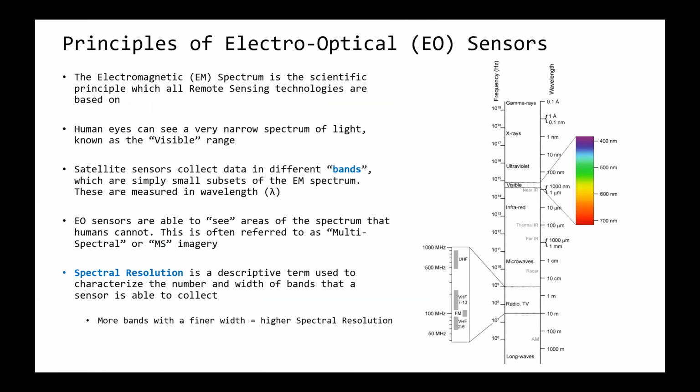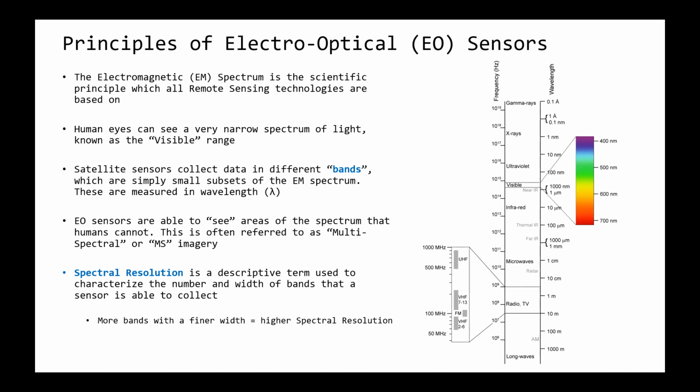So, a little bit more in depth on the principles of electro-optical sensors, which are essentially the majority of the Earth observation satellites that we see and use almost daily nowadays. These sensors, as I alluded to before, use the electromagnetic spectrum, which is the principle that all remote sensing technologies are based on.